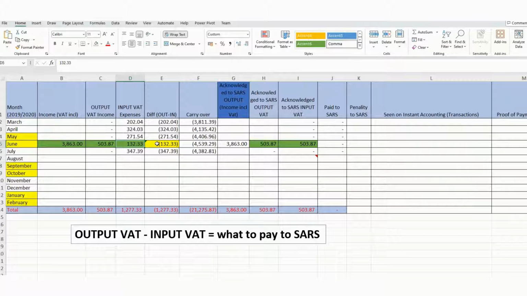And I can see that there is some carryover that I can use to compensate for the shortfall in the VAT input, and then I can present this on the SARS e-filing that it was 503 for output and input, but I've carried over the input so that I reflect a zero amount to pay to SARS.